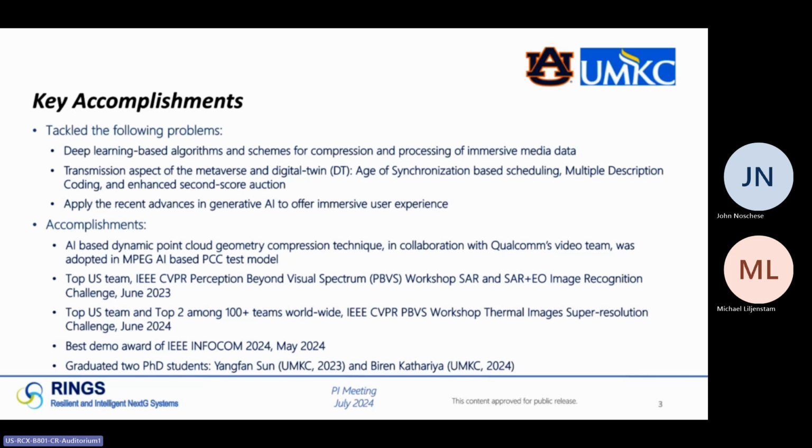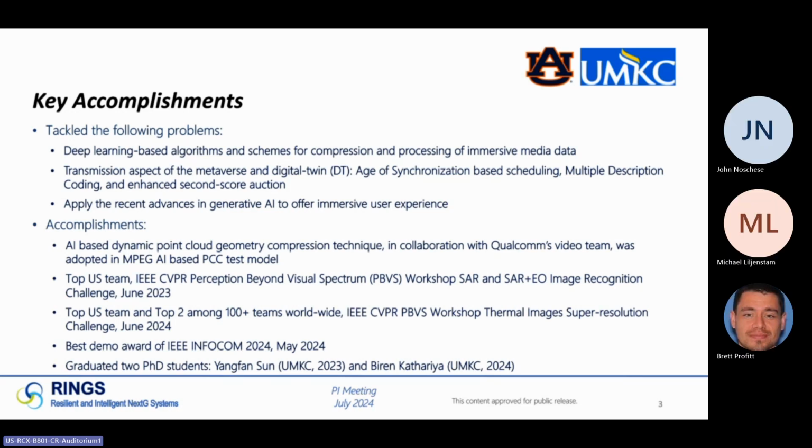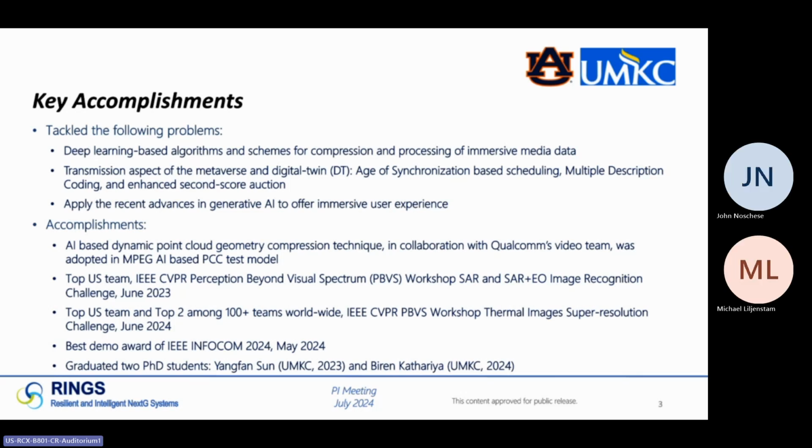And we also tackled the transmission aspects of metaverse and digital twins, like how to schedule transmission to optimize this concept of age of information or age of synchronization, and how to develop auction techniques, schemes for resource allocation. And we also applied some recent advances in generative AI to address these problems.